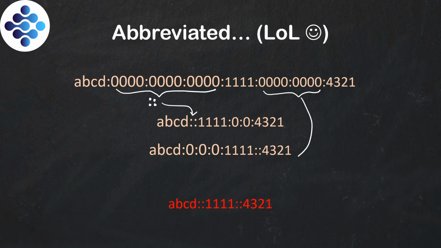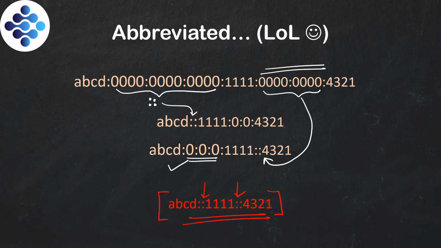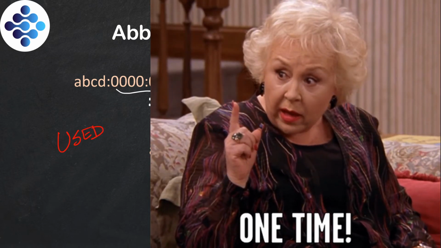If you abbreviate the second part, then the rest of the zeros over here should be written like this only, right? So that's rule number 2. Yes, it would be completely incorrect if you try to write it in this fashion. This is incorrect because you cannot use this rule twice. This rule can be used once only.